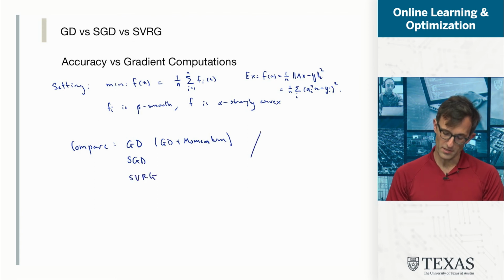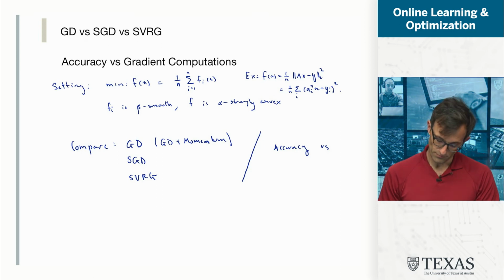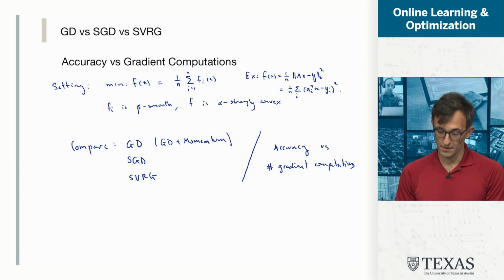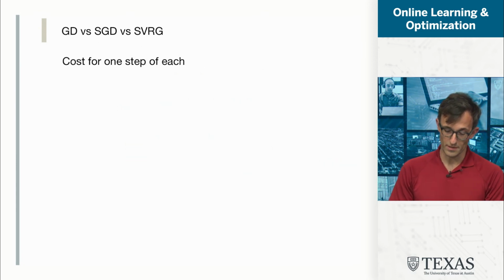And my comparison here is I want to figure out accuracy versus the number of gradient computations that I have to do. So let's move to this and see what the comparison is.